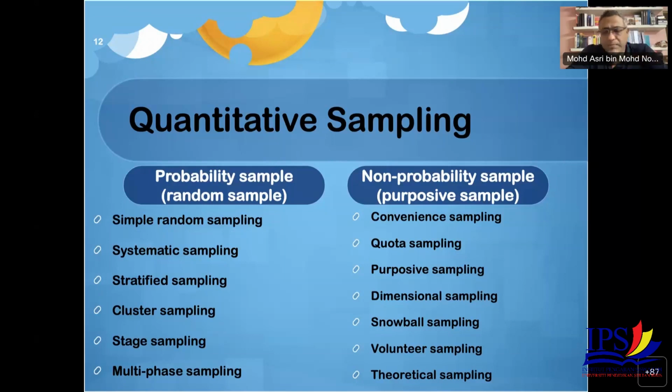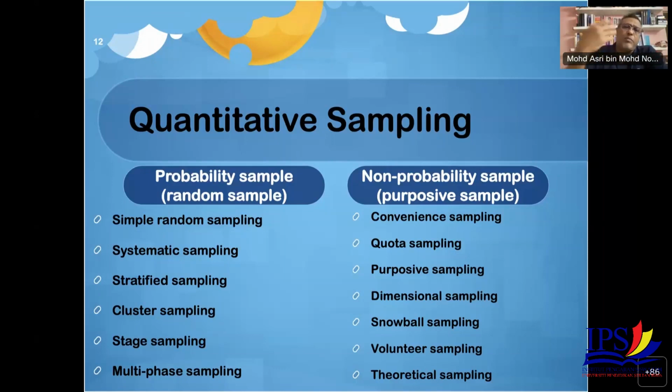They have a formula, and they have come up with a table where you can identify the size of your sample by looking at the size of your population. In the table, it is written that if the size of your population is X, the size of your sample is Y. So it's very easy, right?